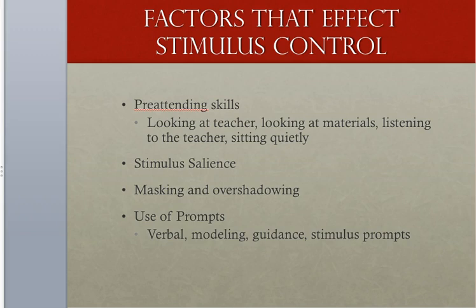Being able to look at the teacher and to look at materials when requested, knowing to look where you point, listening to what the teacher says, being able to sit quietly. These are all skills that come before you really can pay attention and learn. You have to be able to do these basic skills, and so those are very important when you're going to sit down and do any kind of stimulus control teaching or training.